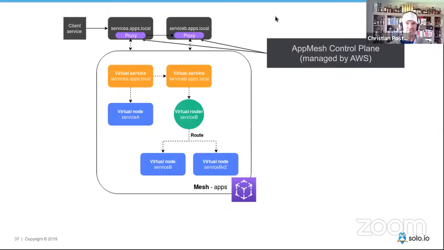So as a user, you just worry about the data plane and getting the proxies into your workloads, and then using the App Mesh APIs to configure those proxies through the control plane that you don't touch or see or manage or have to worry about in terms of upgrades or operating it, basically.